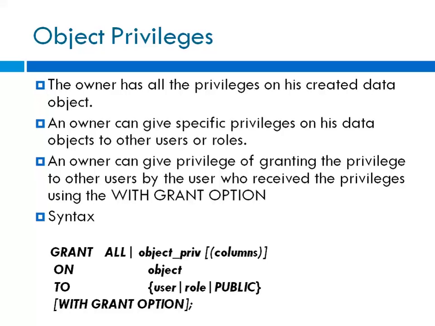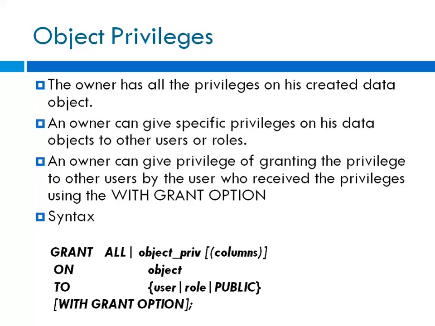But if you want to give privilege to only one person, you can give his name, and the last line is with grant option. So after the grant statement execution, the people getting the privileges with this particular statement will be able to grant the same privileges defined in this statement to other users by using the grant statement.